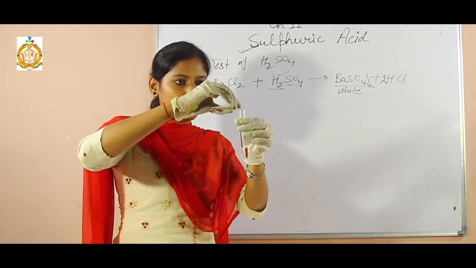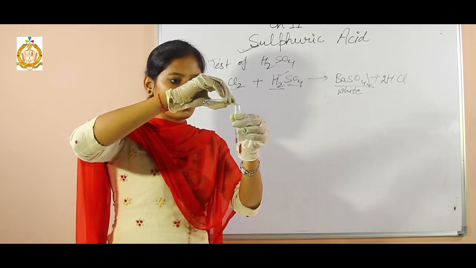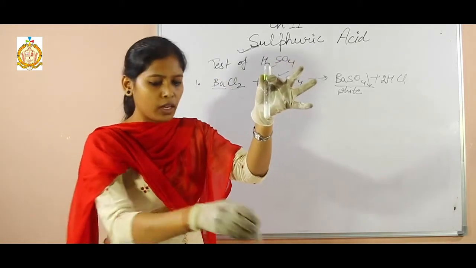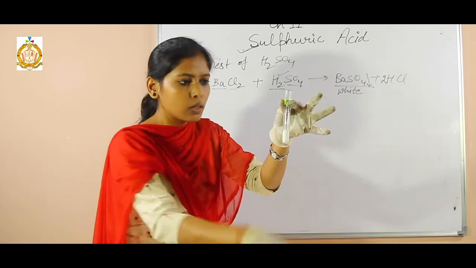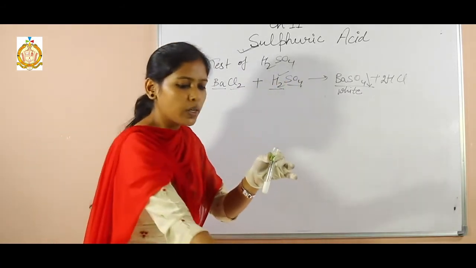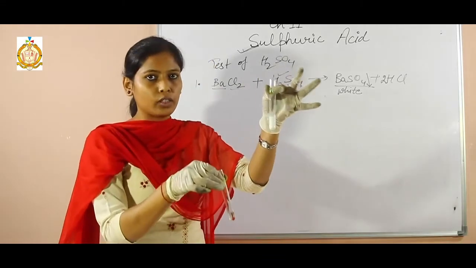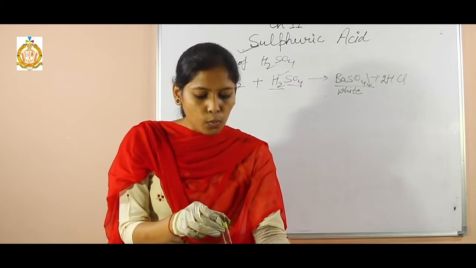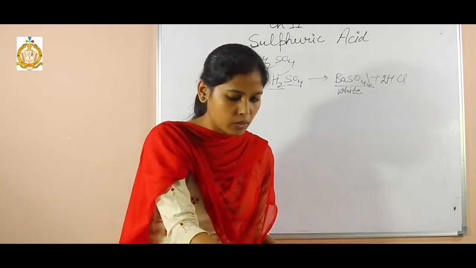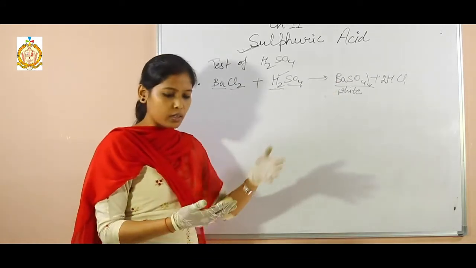See, white precipitates are formed. The given acid is colorless, and after the reaction it gives a white precipitate, so the given acid is sulfuric acid.